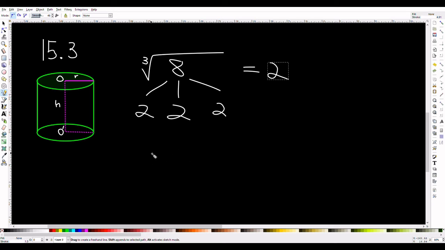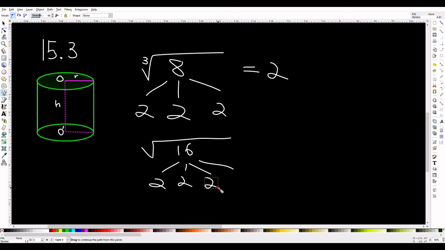Let's take the cube root of 16. Sixteen is made of 4 2's. 2 times 2 times 2 times 2. If I want the cube root, remember I need the cube symbol here, or the little 3.